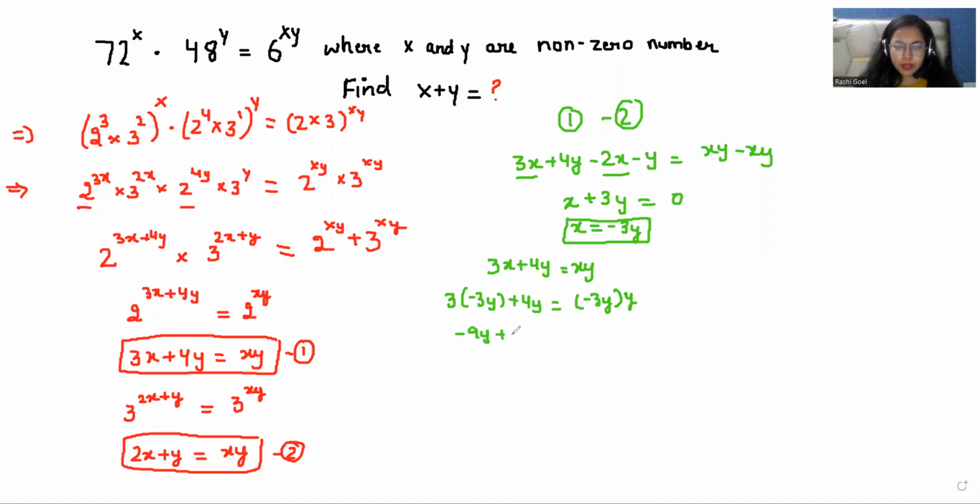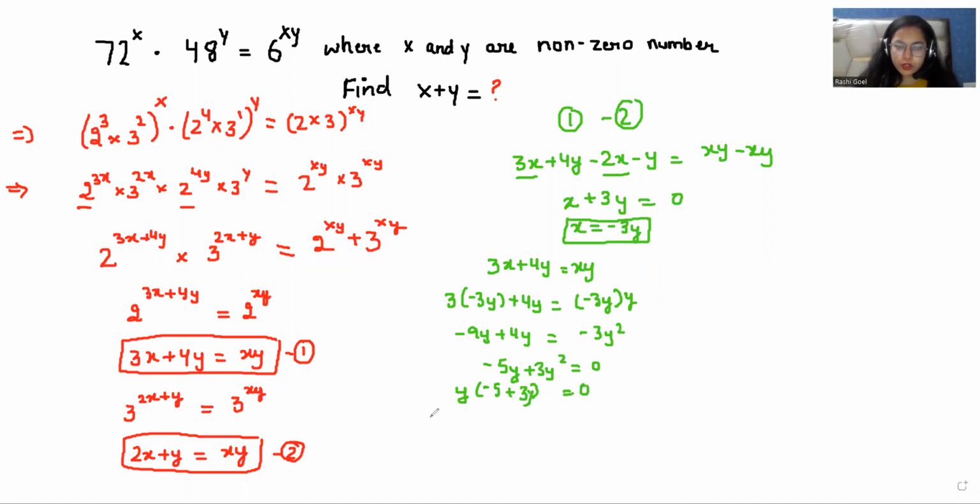Minus 9y plus 4y is equal to minus 3y square. Here minus 5y plus 3y square is equal to 0. If I take y common, then y times (minus 5 plus 3y) is equal to 0.